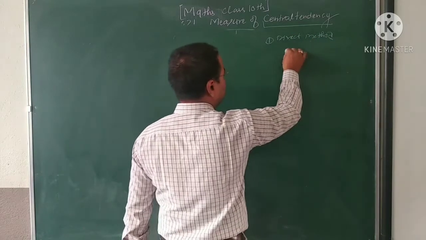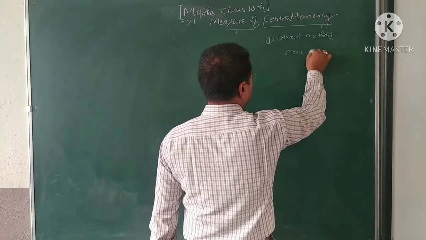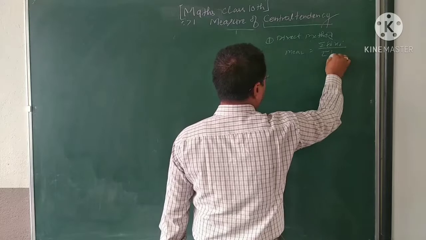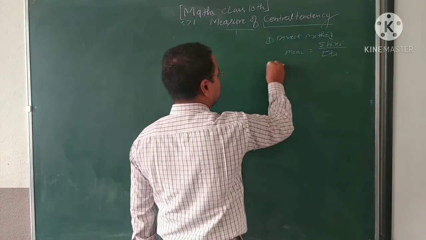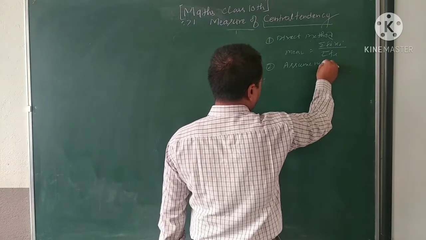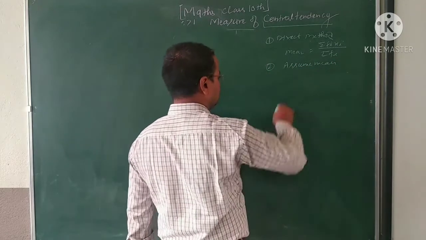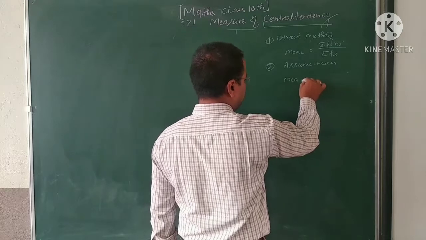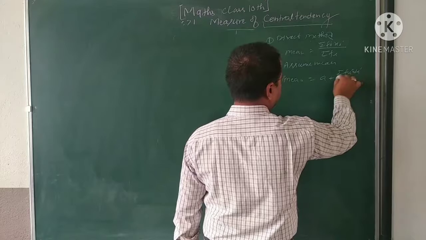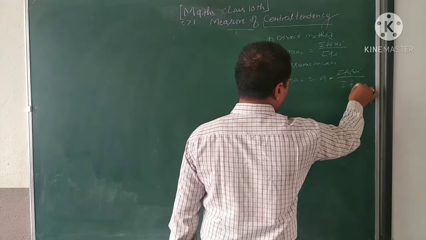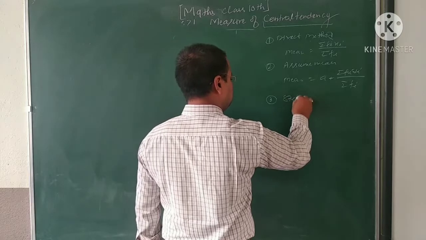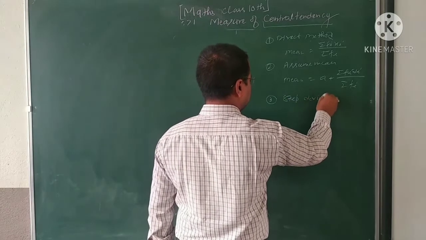And what is the formula? Mean is equal to sigma fi xi upon sigma fi. The second one is the assumed mean method. Here mean is equal to a plus sigma fi di upon sigma fi, where di is the deviation. And now I am going to discuss the third one, the step deviation method.